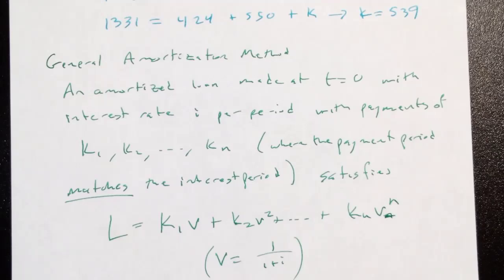Is going to satisfy the same equation of value that we just came up with. The loan amount L is the present value of all of the payments.